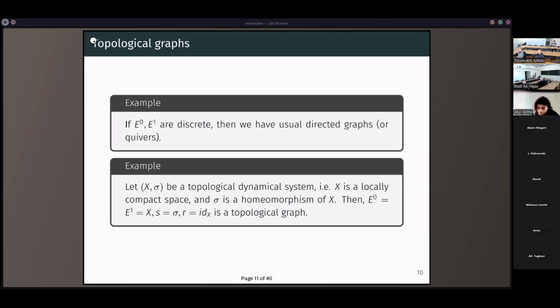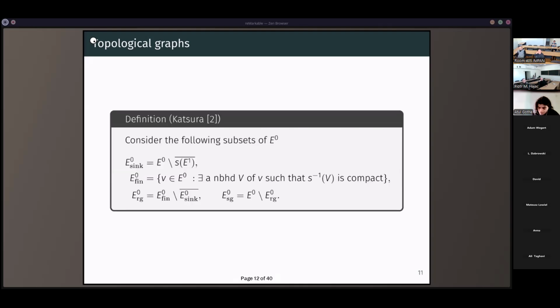Yeah, so of course the examples are: if E0 and E1 are discrete, then we just get the usual directed graphs, and for our topological dynamical system, we also have a topological graph. So now, why do we need topology? What kind of subsets do we care about? First of all, we want to define the sinks.